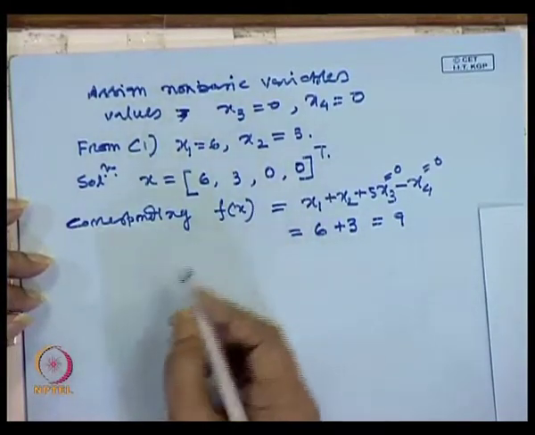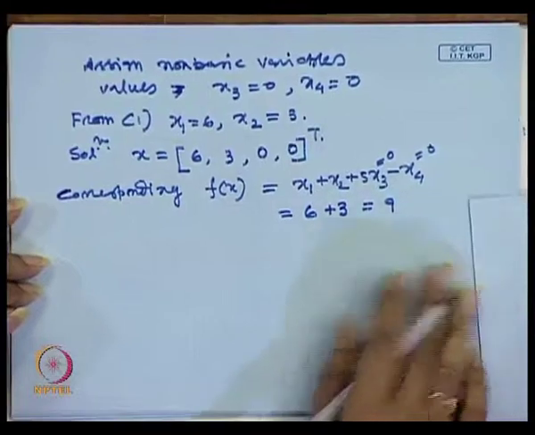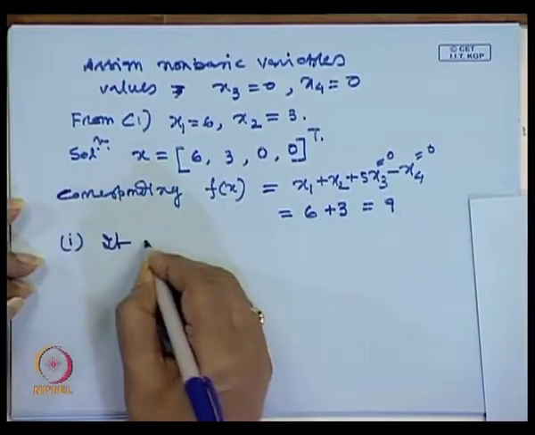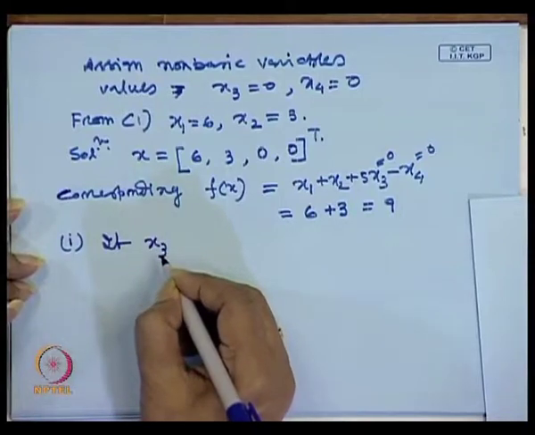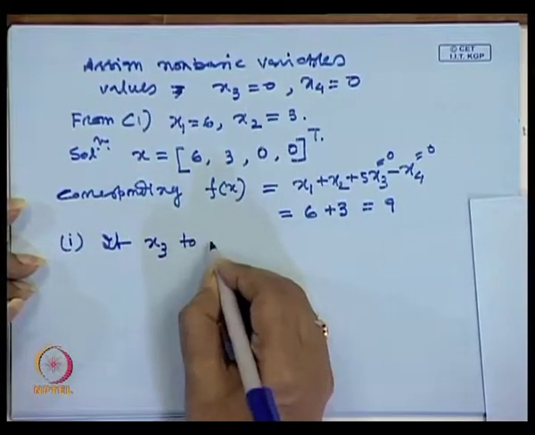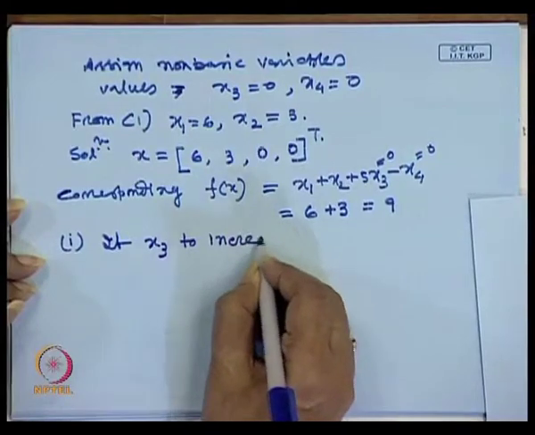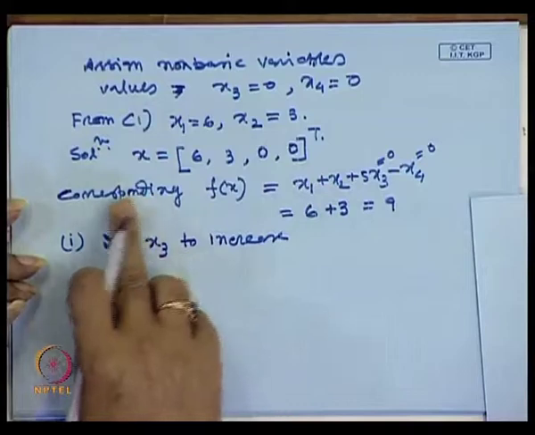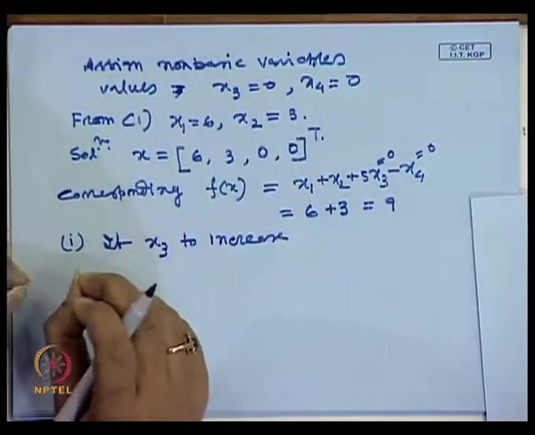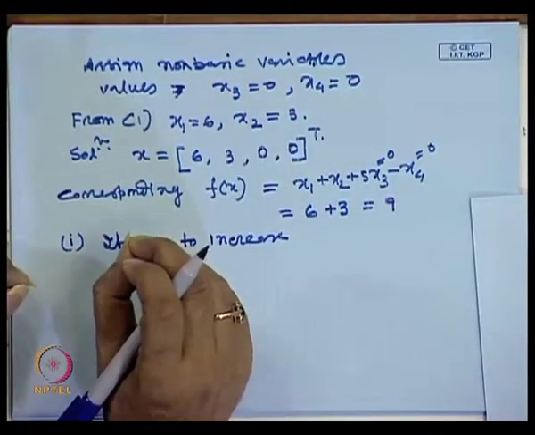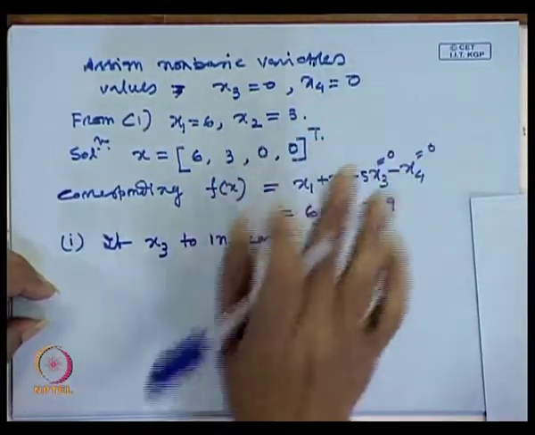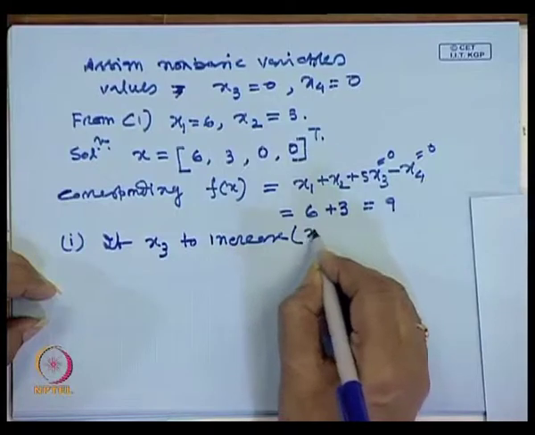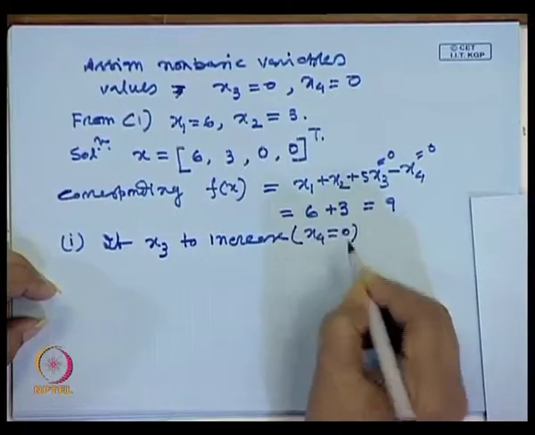Let us investigate this situation. In the first case, let us take x3 to increase, because previously the x3 value was 0. Now I want to increase x3 keeping x4 the same.